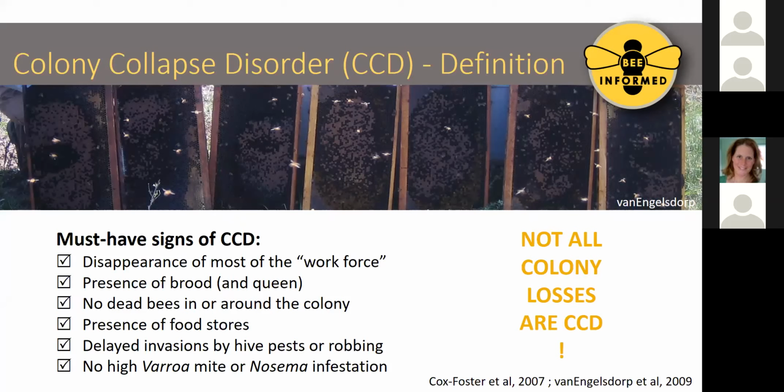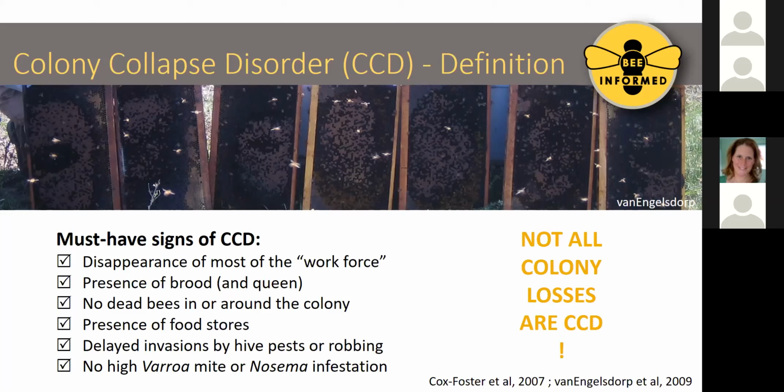And another sign was the apparent delay in kleptoparasitism in abandoned hives. That means robbing or invasion by small hive beetles or wax moths. You probably all know, if you keep bees, that if you have unattended frames inside a colony that doesn't have bees, they will get attacked by those opportunistic pests, and that can happen very, very quickly.